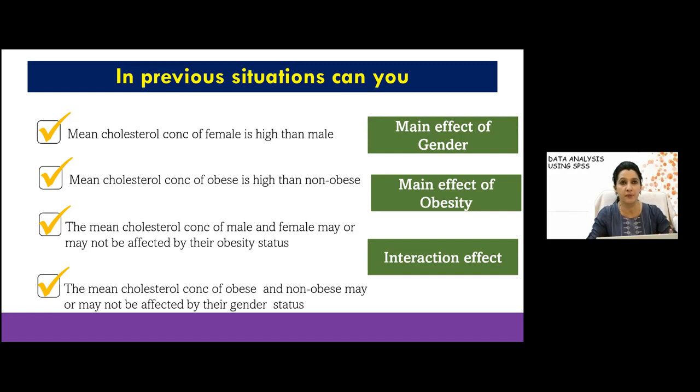In one example, there is an interaction, and in another example, there is no interaction. So we will see in which case what to report, because that is very important. The SPSS gives you all sorts of tables, so many tables, and then you are confused which to report and which not to report.